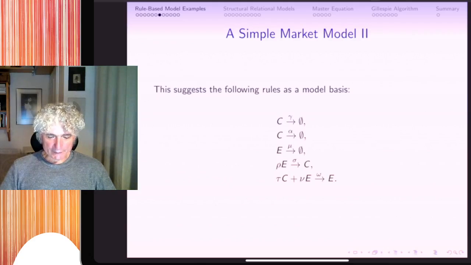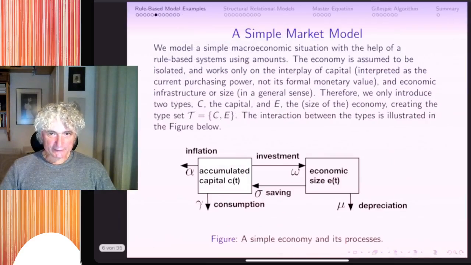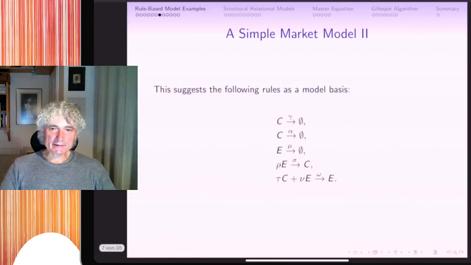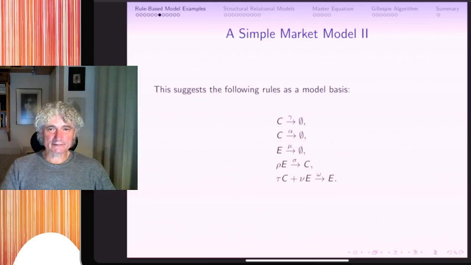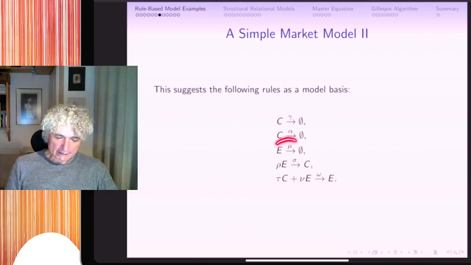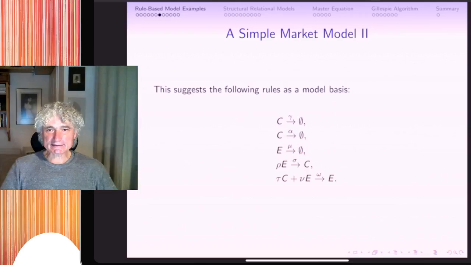So both gamma, and alpha, which was the inflation rate, which you can see here, are just losses of the capital. So these two events are pretty clear. Then you also have that the size of the economy is shrinking by this depreciation rate mu. So this is also a loss out of the system.